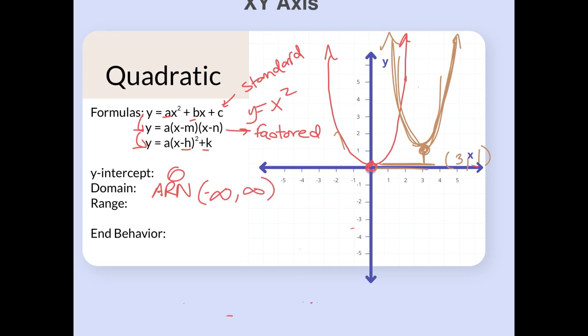Same thing with our range. Now our range, notice that there's nothing at the bottom of this graph. So with quadratics, they typically have a more limited range. The typical parent function for the quadratic is going to start off at 0, and then it goes up to positive infinity.